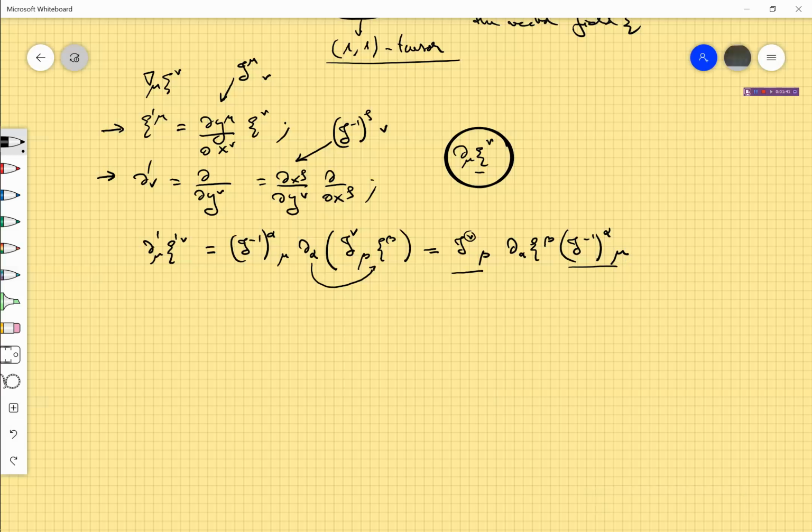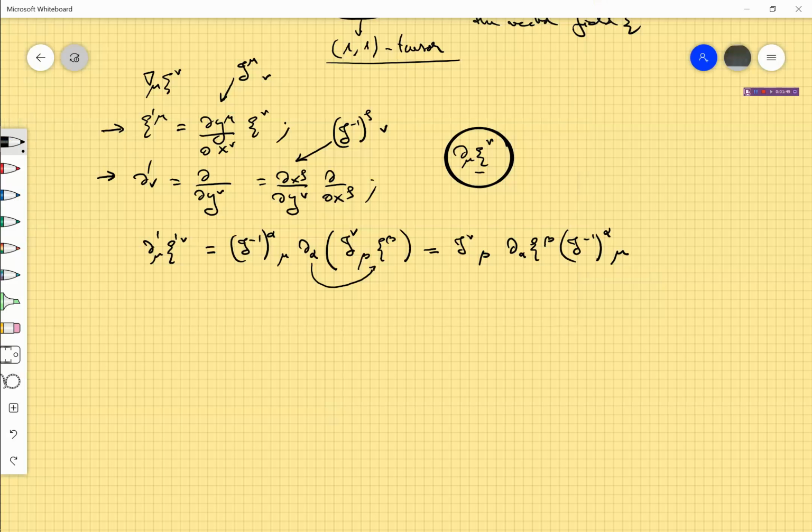This changes the situation a bit. And the other term is plus this factor, J minus 1 alpha mu, and then there is partial alpha J nu beta psi beta. This term is not a term that should appear in the transformation of a tensor.